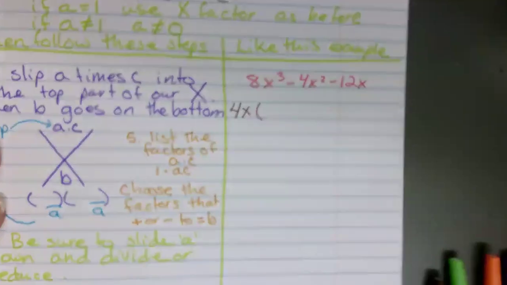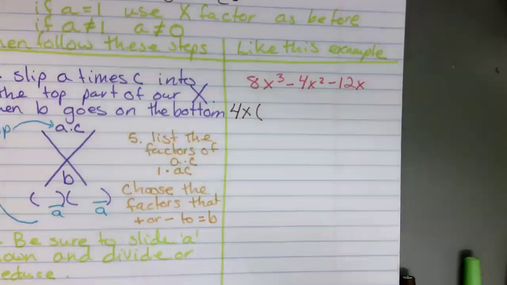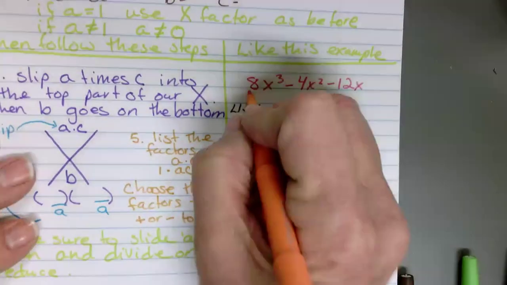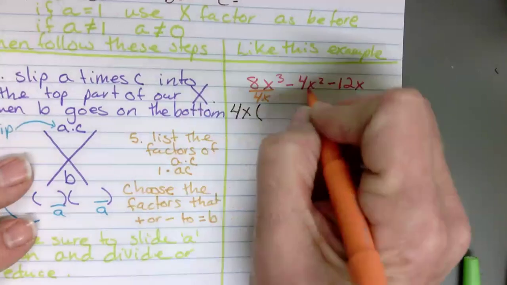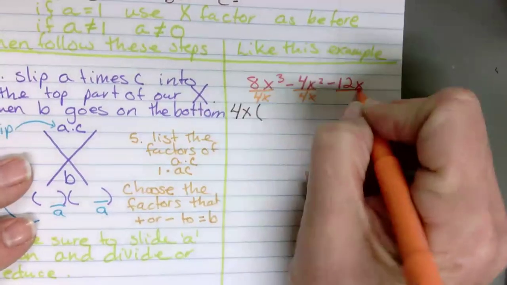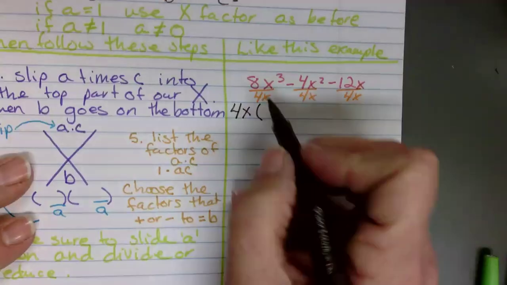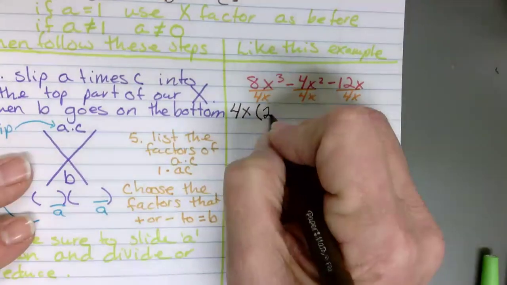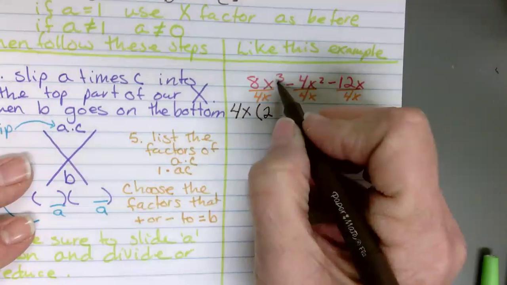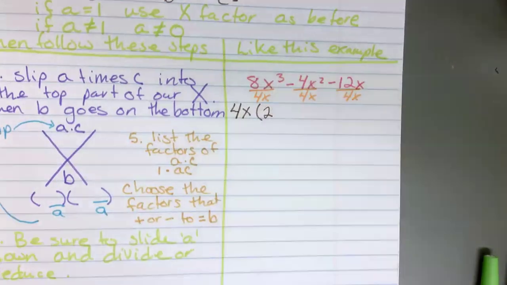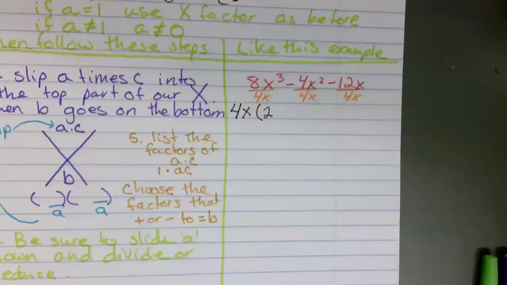Now, what do I mean by take out? Like, how do we do that, right? So we divide each term by 4x. And so then we've got 8 divided by 4 is 2. X to the third divided by x. If you don't remember how to do dividing exponents, we could come and look at our laws of exponent page.